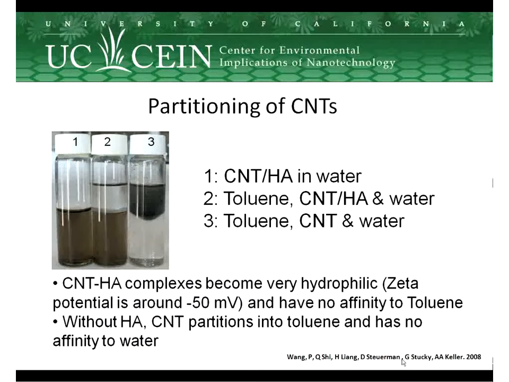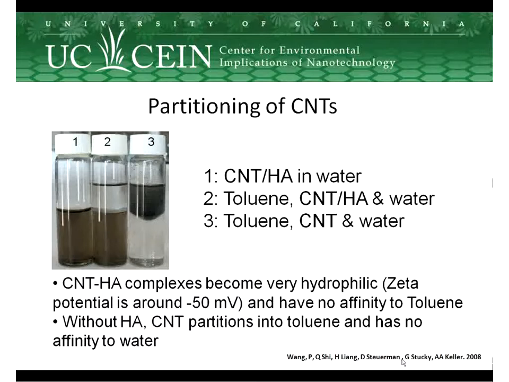Again, this is work that we did a while ago, but one of the questions is, how do the carbon nanotubes distribute in the environment? How do they partition between water and the organic phase? What we saw here was that if you have the carbon nanotubes in humic acid in water, they're well dispersed. If you add toluene and you still have the carbon nanotubes in humic acids, the carbon nanotubes tend to be hydrophilic, so they remain in the water.